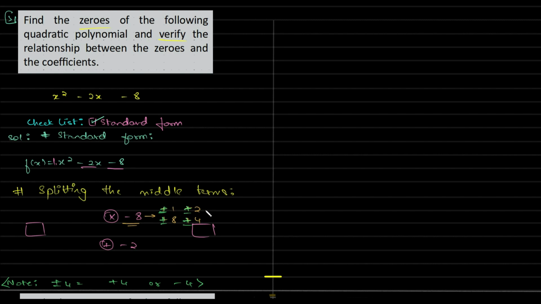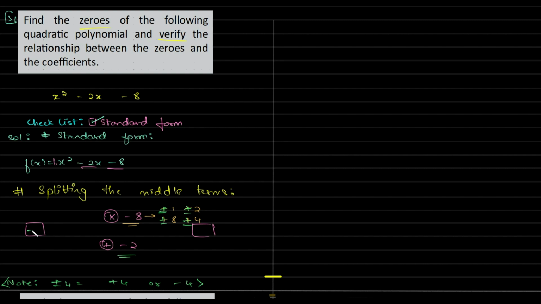One more speciality about the way I have written it is that I have paired it. 1 and 8 will give me 8, 2 and 4 will give me 8. So it's important to pair. Now, amongst the pairs, which is the ideal one which will give us minus 2?